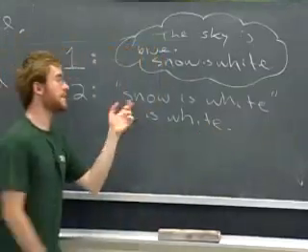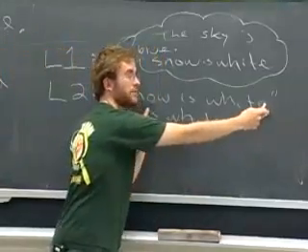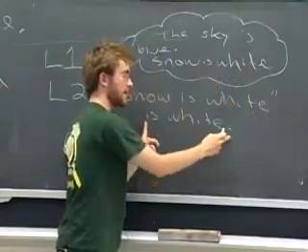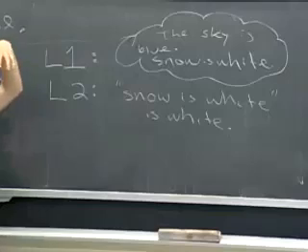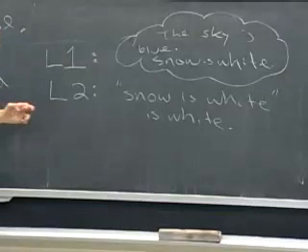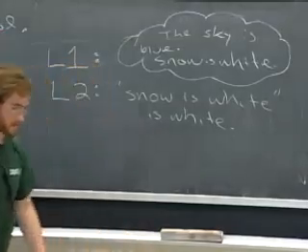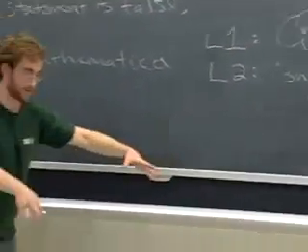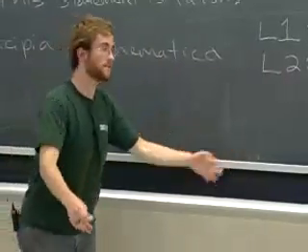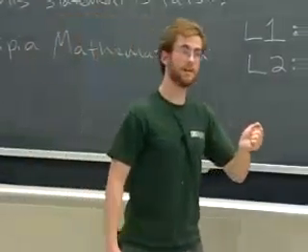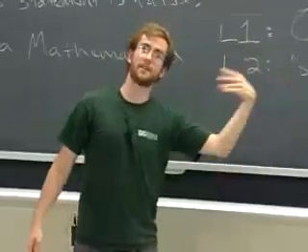So suddenly I've got the sentence, snow is white, which belongs in L1, and I'm talking about it. But that's only something I can talk about in L2, because in order to talk about something, you can't talk about yourself. You have to leap outside of it, and then in order to refer to it, you have to stand from somewhere else, right? It's just like you can't really see yourself until you use something else to look at yourself.